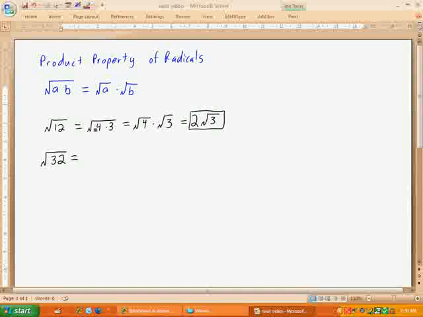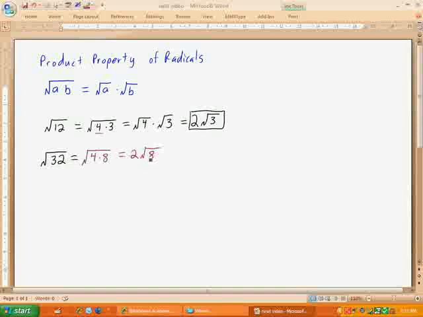Okay, 4 is a perfect square, and so it's okay if I want to divide it into something that's a perfect square and something else. So the square root of 32 is the square root of 4 times 8. Now I can take the square root of 4, which is 2, so that'll come outside of the square root sign, and then I'll be left with the square root of 8.